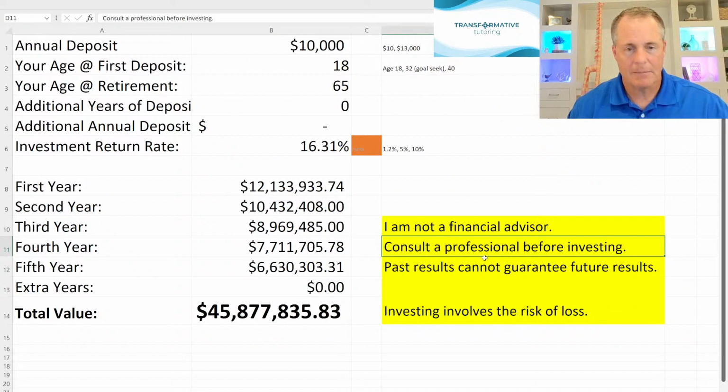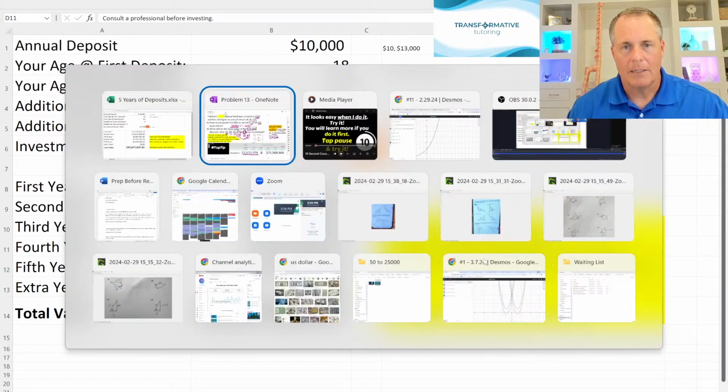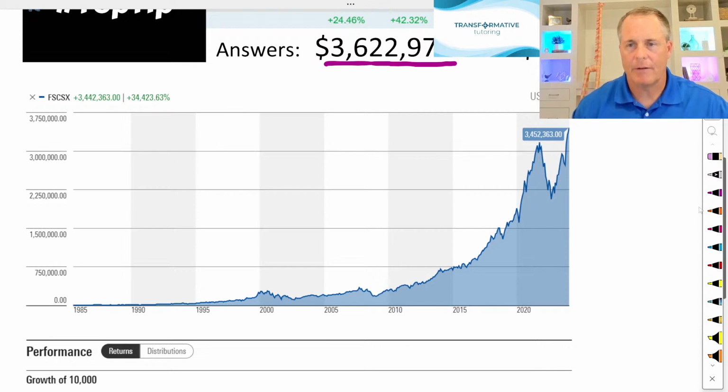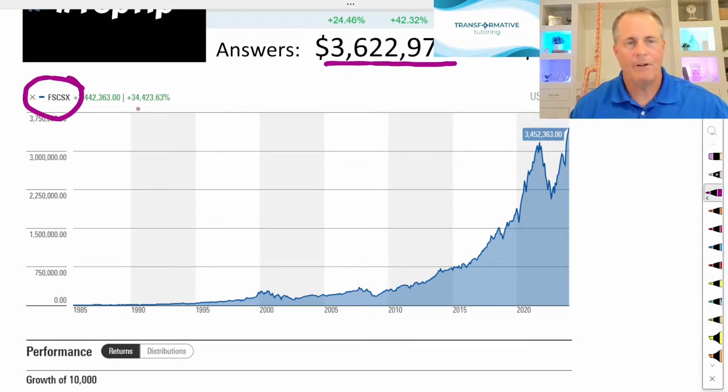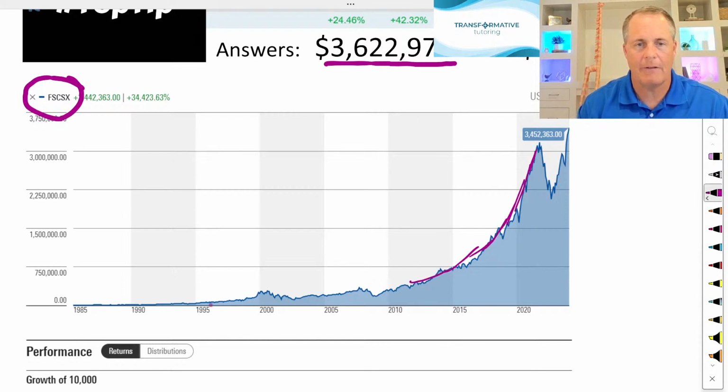Okay. And so here's some things that I did to do some research. Here's just a picture of this fund, okay? And this is the fund that I've used in the past, and I find it extremely helpful. It's made a huge difference in my life, and you can see how towards the end here, this thing is really starting to take off, and it looks gradual here, but it was really still growing.